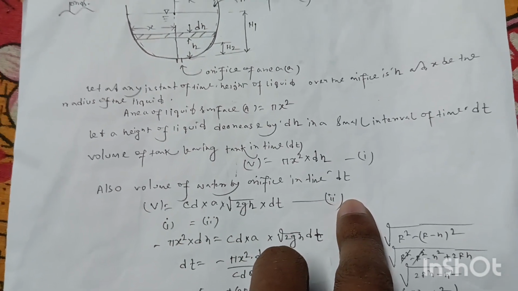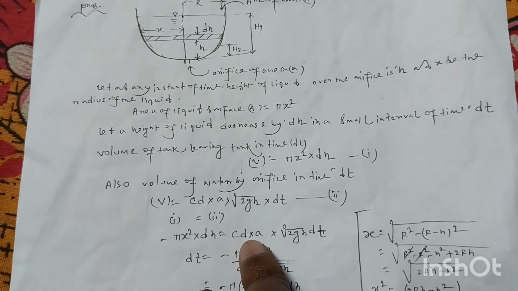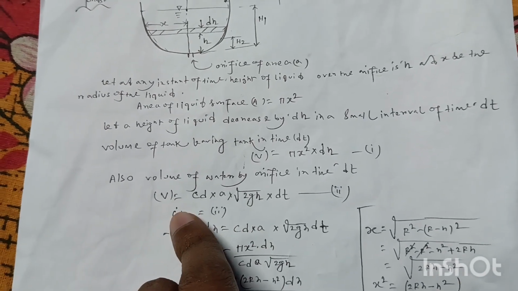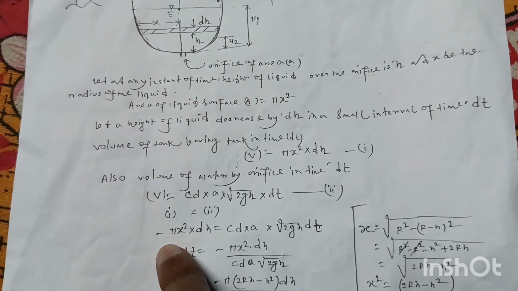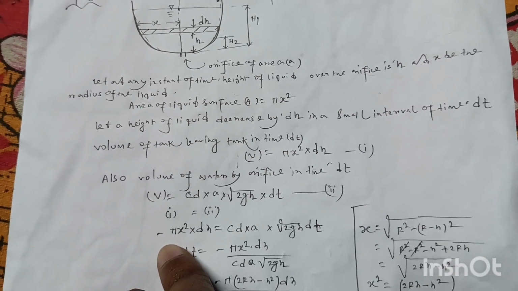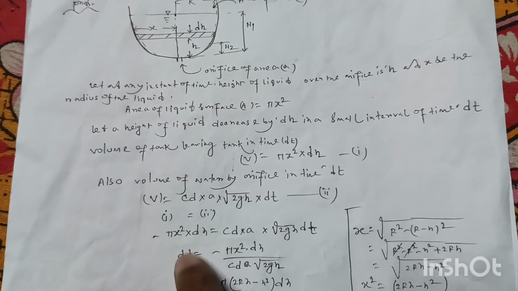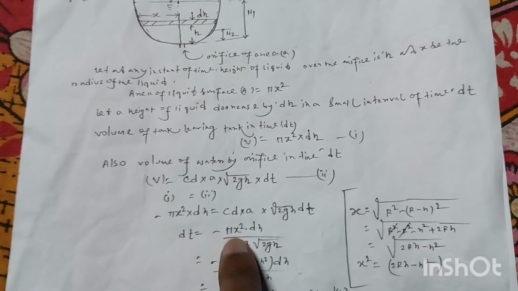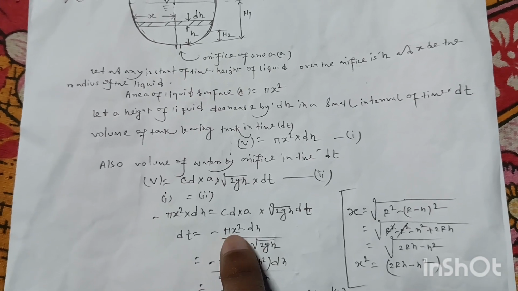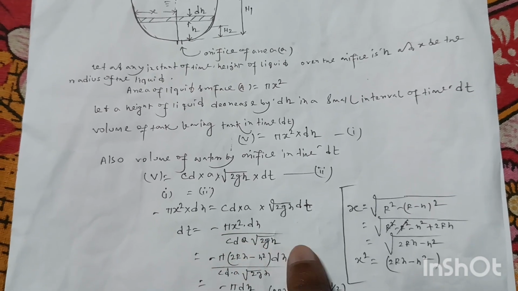So both equations will be equal to each other. Equating equation 1 to equation 2, the negative sign is required to indicate the flow is downward. So if we calculate, dt will be minus pi x square into dh divided by Cd into a into root over 2gh.